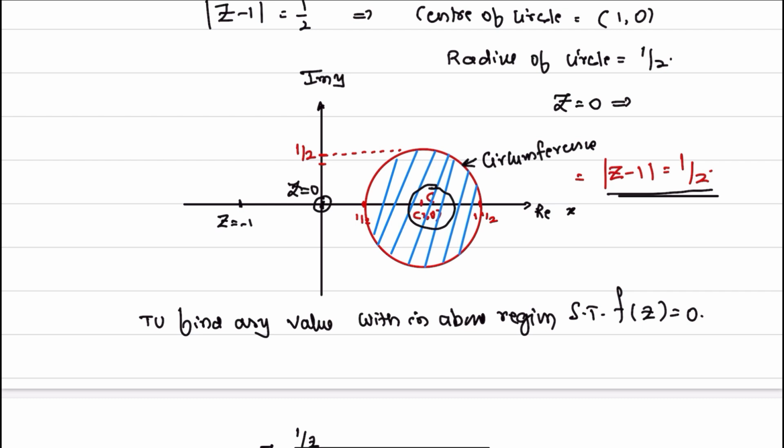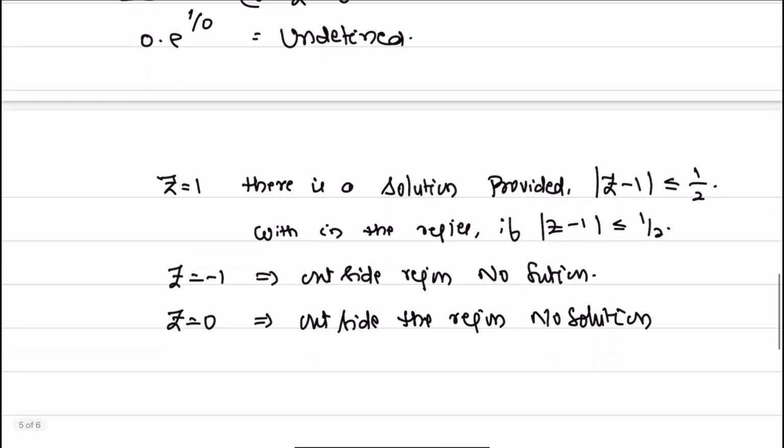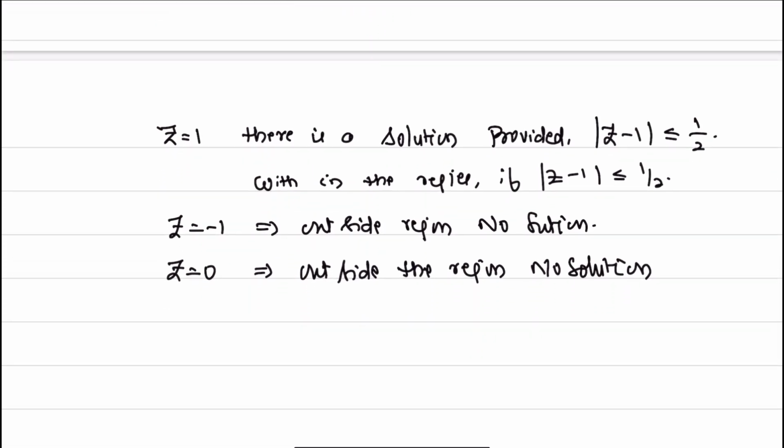Z is equal to minus 1 means x is minus 1 and y is 0. In x plus iy, Z is equal to minus 1 means x should be minus 1. This is outside. From drawing a simple graph also we can easily understand. By finding the function, we find the singularities. We have to see whether the singularities are within the given region or not.